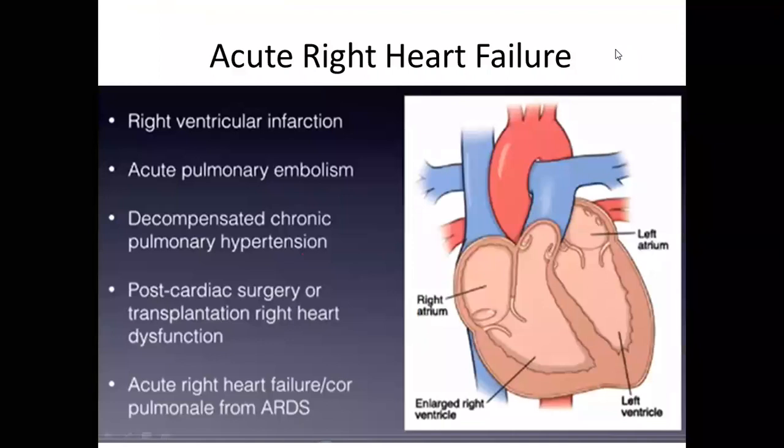So just a few points about acute right side heart failure. The causes are, as I've mentioned, right ventricular infarction, and this is usually associated with inferior wall myocardial infarction, and usually occurs because of dominant right side circulation, and right coronary occlusion can result in right ventricular infarction.